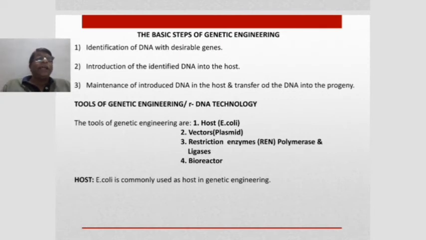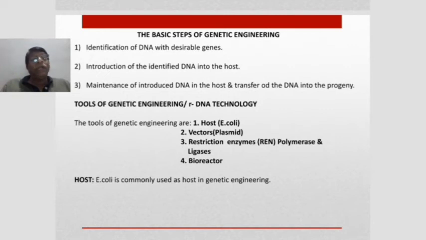Then restriction enzymes, in brief we call REN. Enzymes necessary which cut the DNA molecule actually. Then polymerase enzymes. These enzymes construct the DNA molecule. Ligase enzymes, these join two DNA fragments. That's why we call it a joining enzyme.